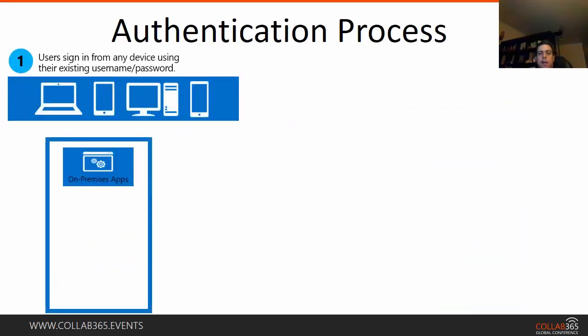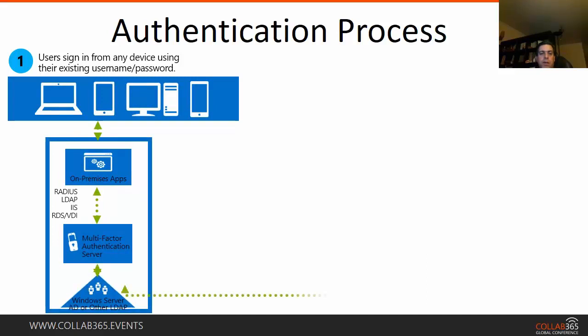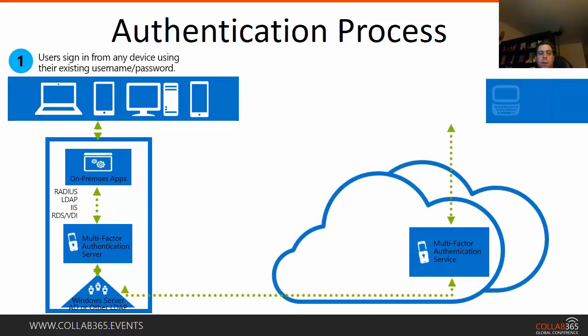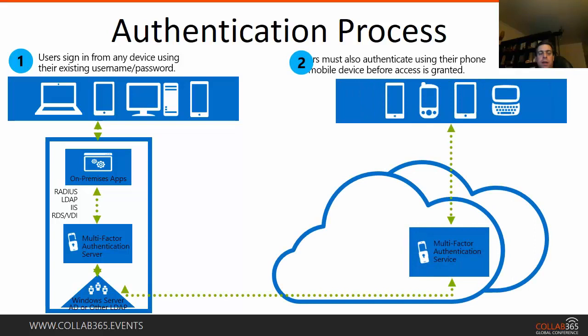Here is the authentication process of Azure multi-factor authentication. Users sign in from any device using their existing username and password. Then users must also authenticate using their phone or mobile device before access is granted.